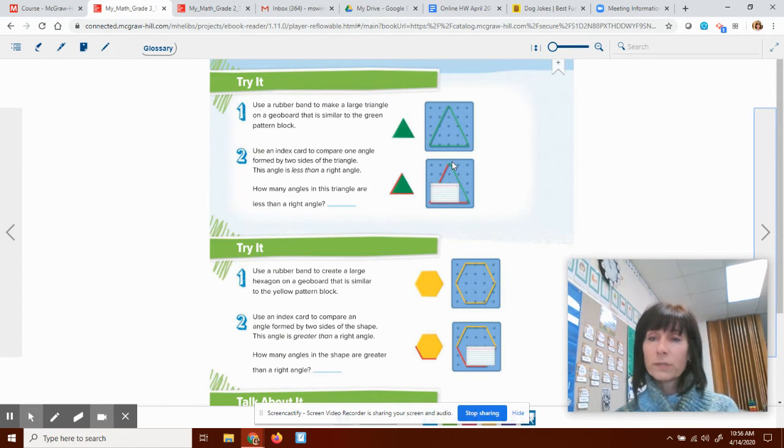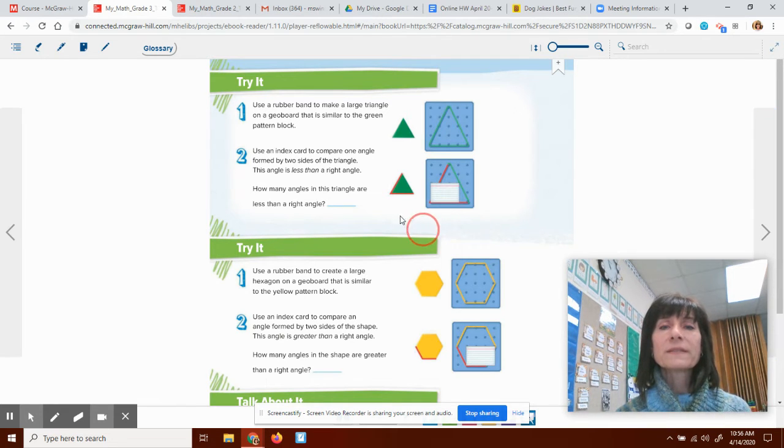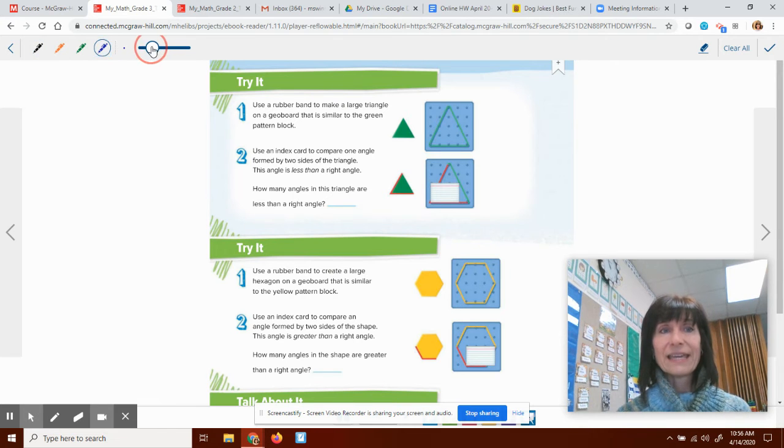This isn't shown here, but I am going to share it with you because you guys are so smart. When you have something that's less than a right angle, I always say, it's so cute. And that's what we're going to call it. If it's less than a right angle, it's called an acute angle.